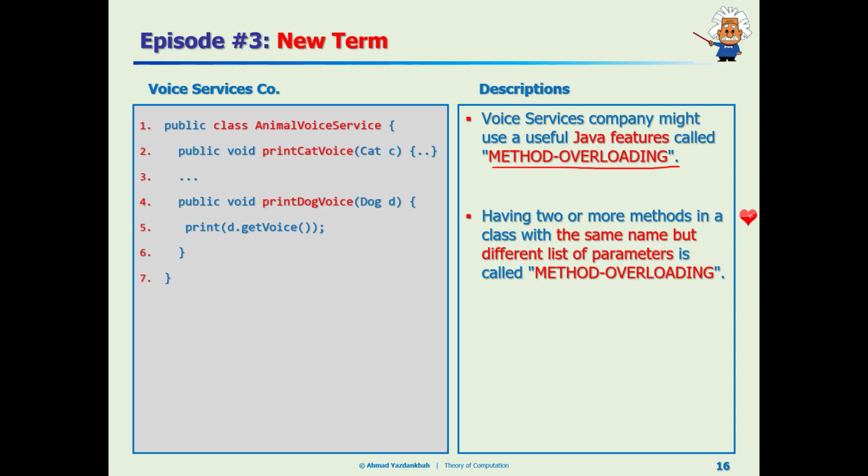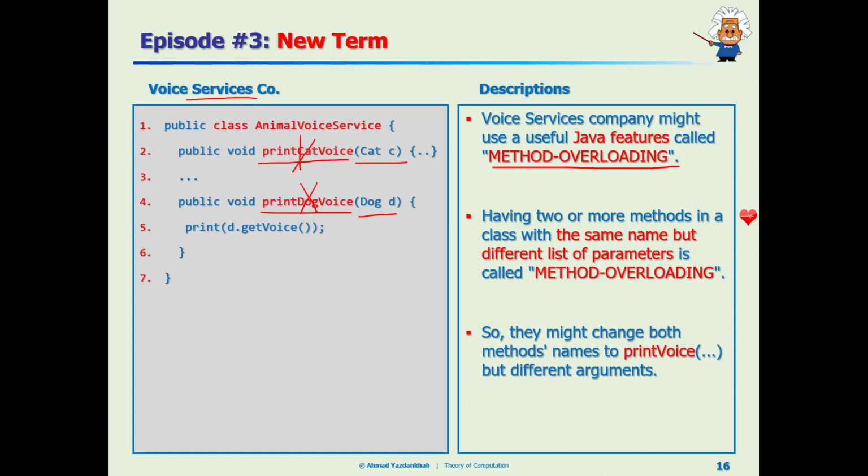Since this is the case, the voice service company is probably thinking that instead of print cat voice, print dog voice, they just remove the animal name and say print voice, but with different parameters, right? This is called method overloading.